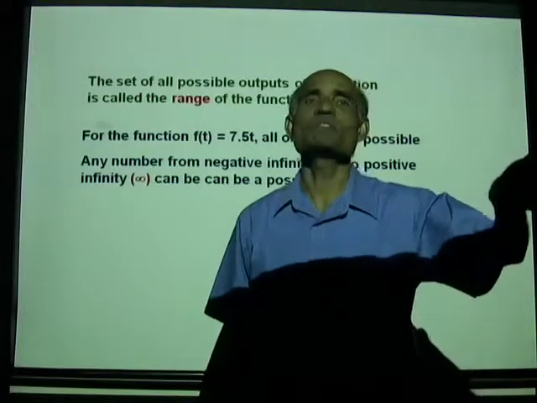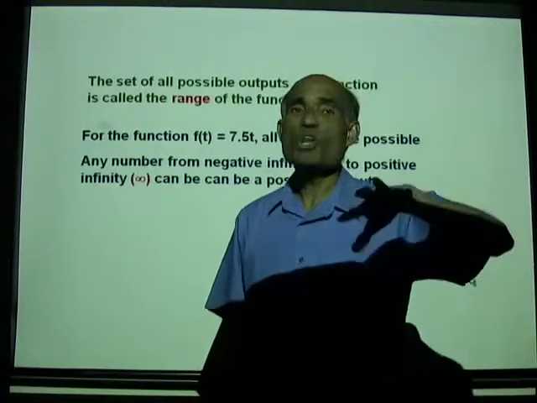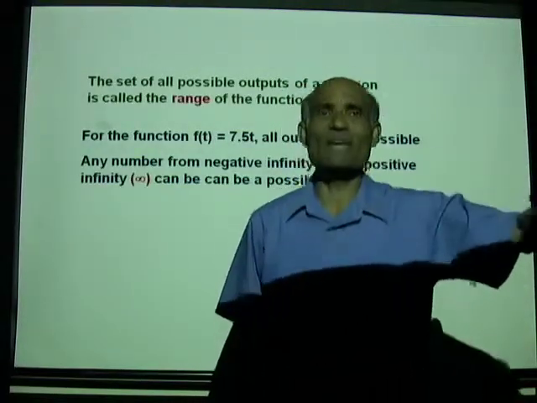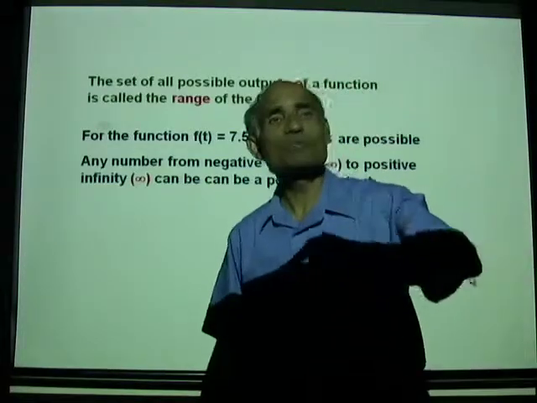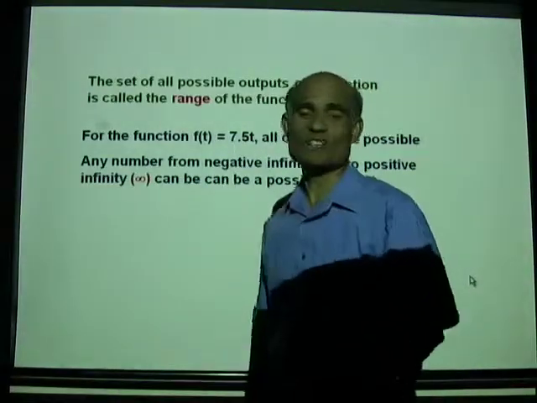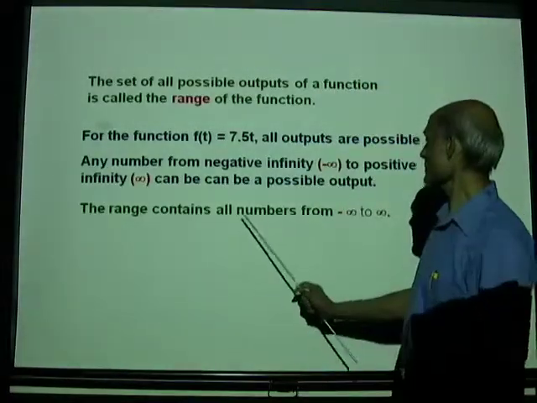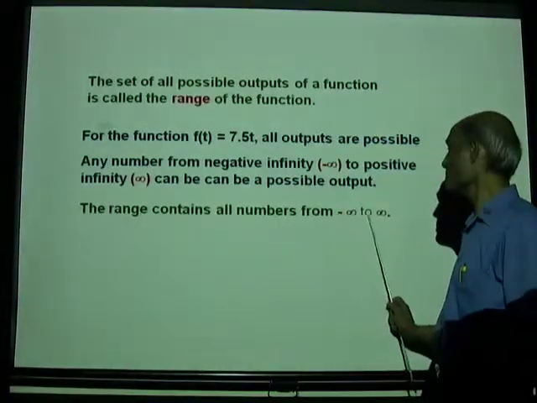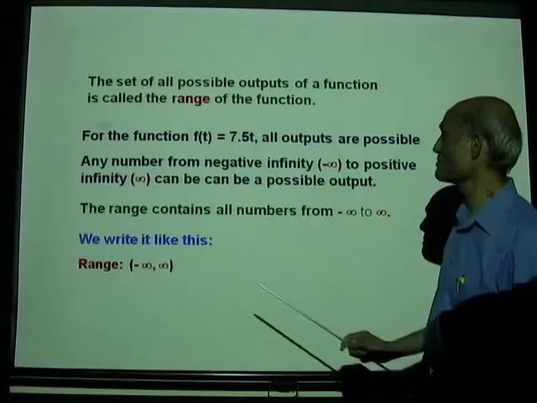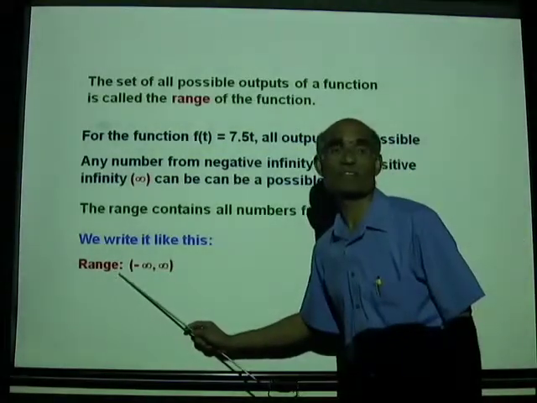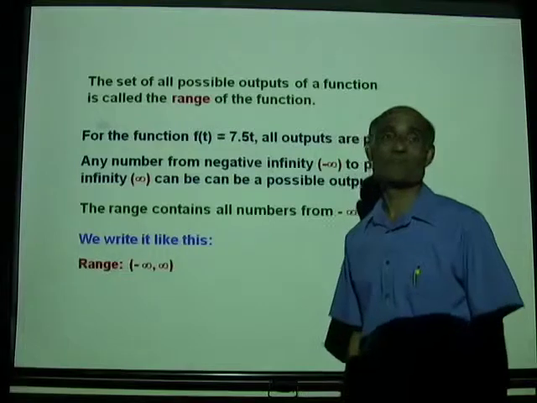That is what is meant by this. There is no output that is forbidden. All outputs are possible for such a function. So what is the range? It contains all real numbers from negative infinity to positive infinity, and this is the way we write it.